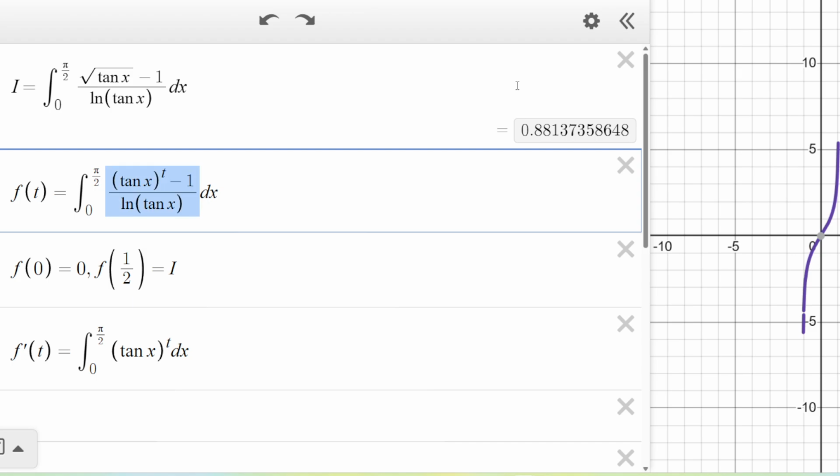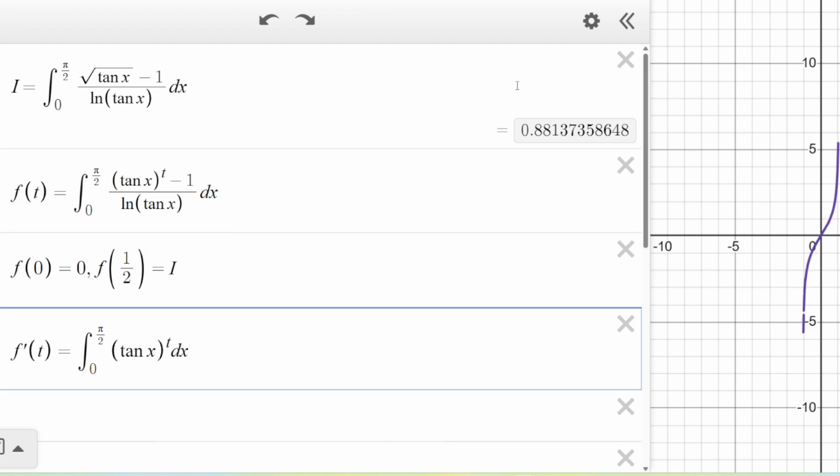So, taking the partial with respect to t of this integrand right here, don't forget we're treating everything that isn't a t as a constant. So when we take the derivative, the partial with respect to t of this, we just get this. So our f prime of t is this.